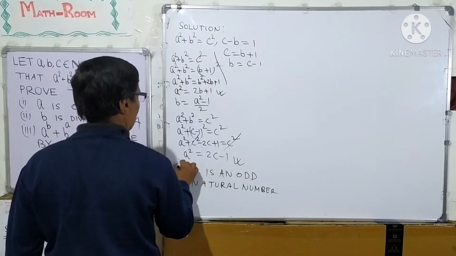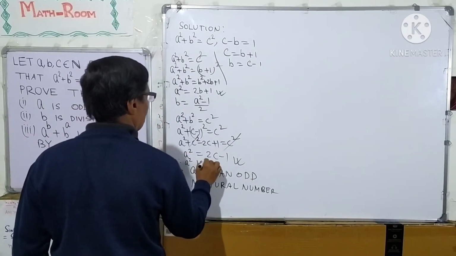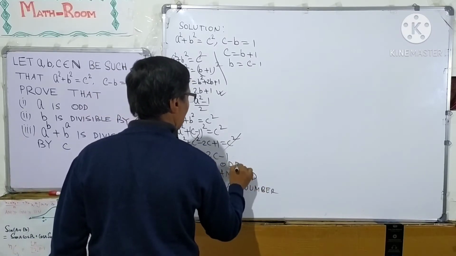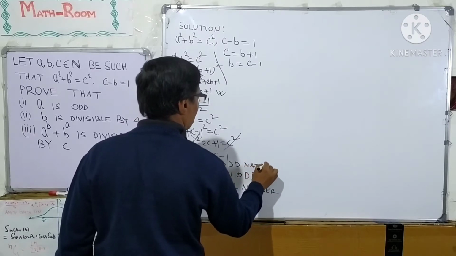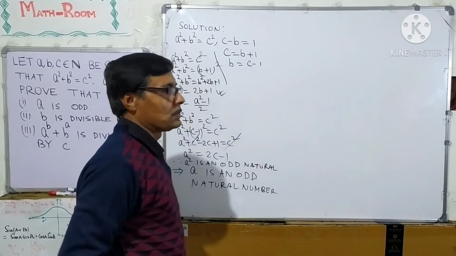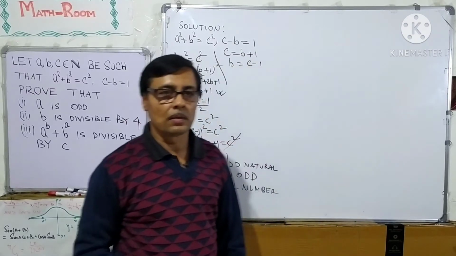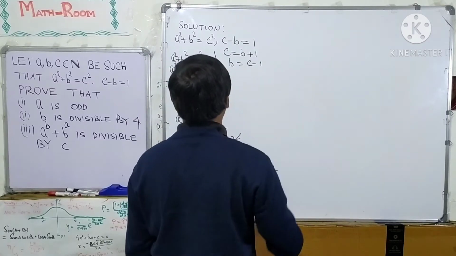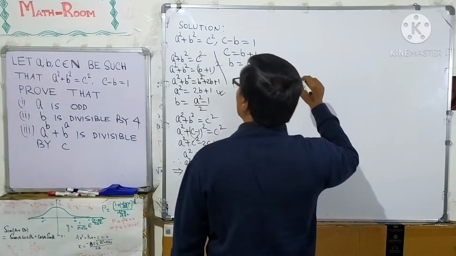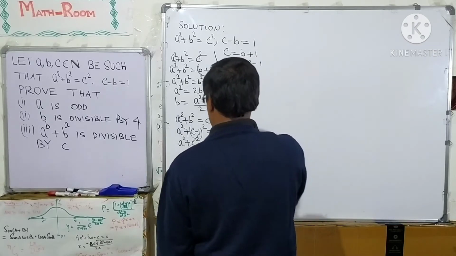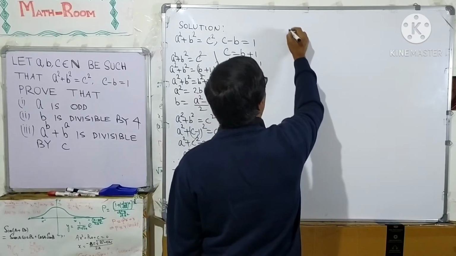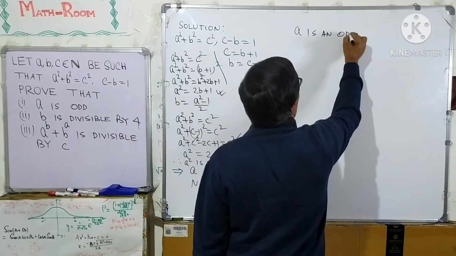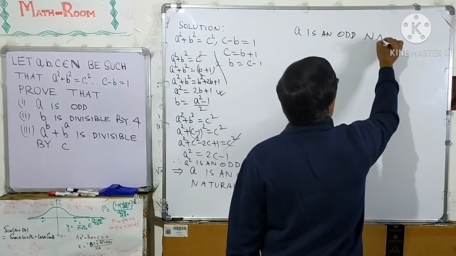Here a square is an odd natural number. A square is a perfect square, so its square root is obviously an odd natural number, that is a is an odd natural number.